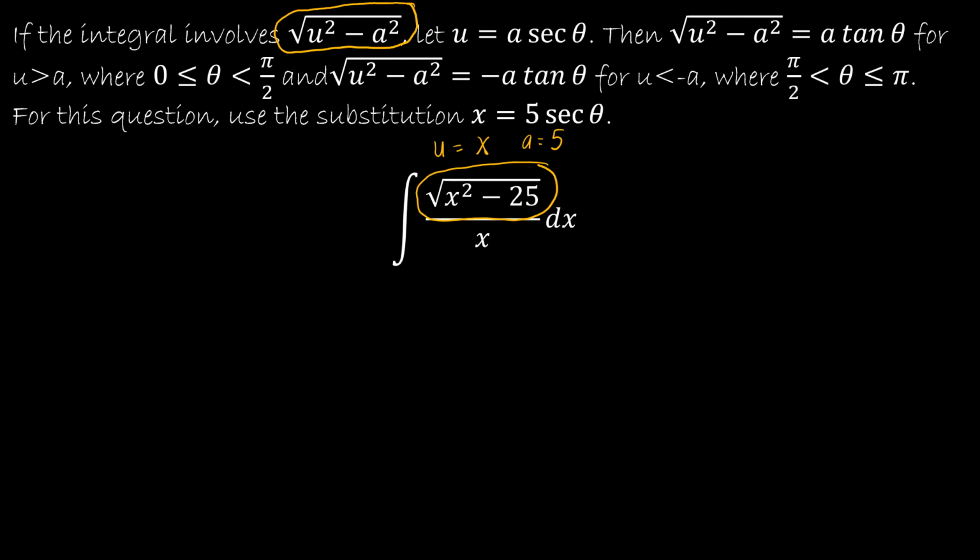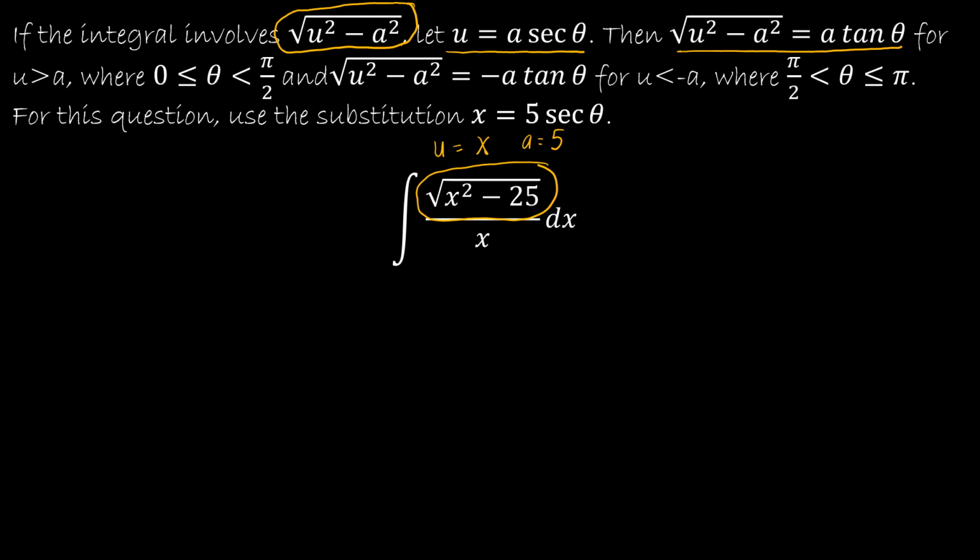And again, this is giving us sort of the keys to the castle. It's saying, hey, you're going to let u equal a secant theta, and if you do that, then your expression is going to be a tangent theta. And that is where u is greater than a. So we don't really know what x is, but we're going to assume it's greater than a.